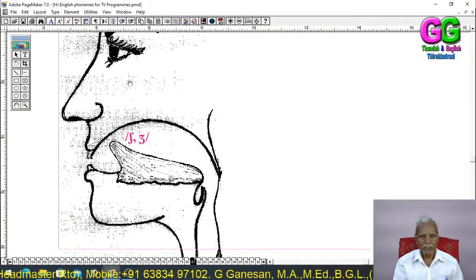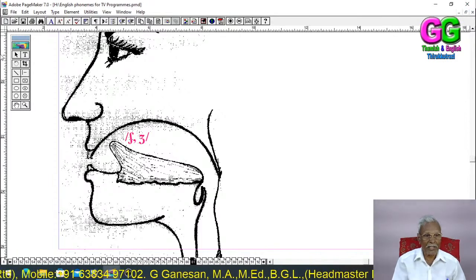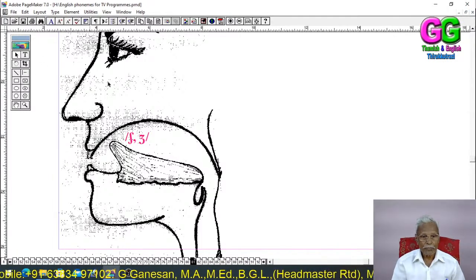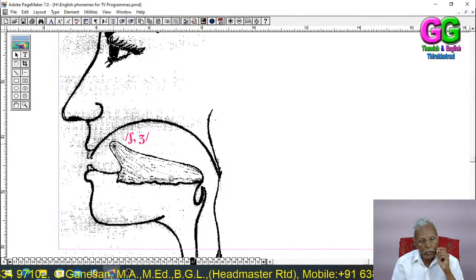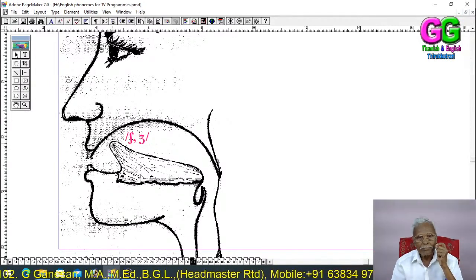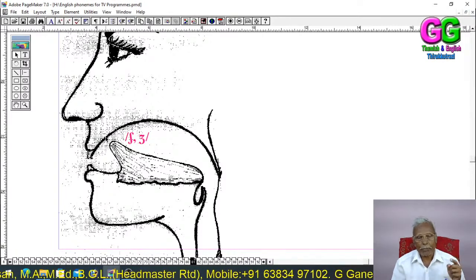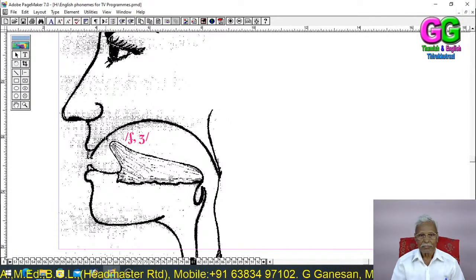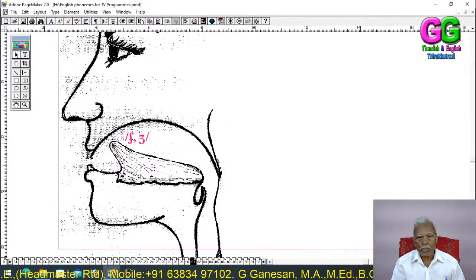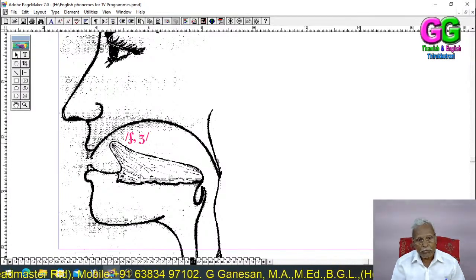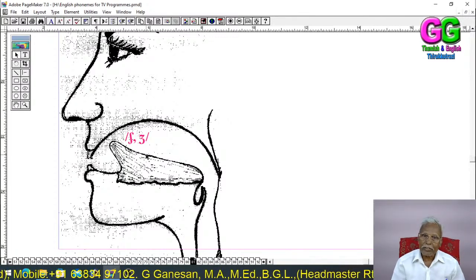You see, dear students and dear teachers and educationists, see here. First of all, we should raise the front of the tongue towards the hard palate, and then we should narrow the tongue between the tip of the tongue and the middle of the tongue.